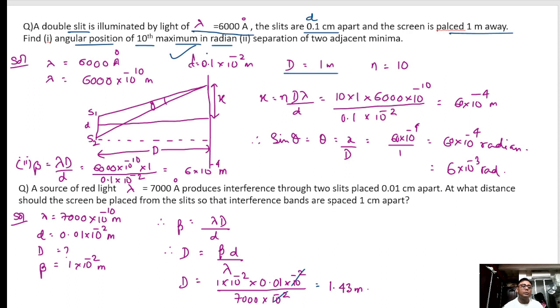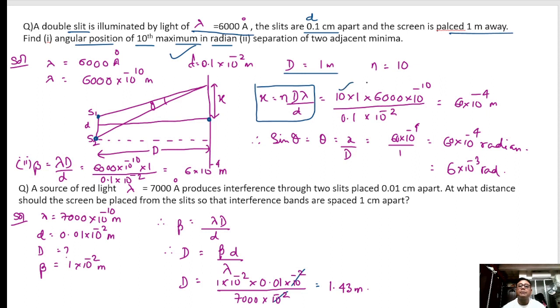Okay, so we know that the 10th maximum will be formed at this much distance. Okay, this is the center, these are the two waves, this is D, and this is the distance between the two slits, small d. So for the 10th maxima, the maxima condition is this: the distance at which the maxima is formed, x equal to n lambda D by d.